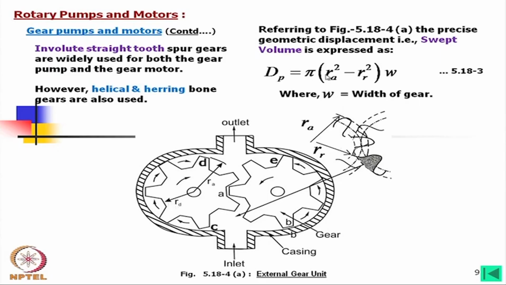Otherwise, the formula may be like this, pi into R A square minus R D square, then again minus the total periphery pi R D into this gap, that we can make. Sometimes this formula is modified like this, but this is again very rough, because this volume and this teeth area and this space area are not equal.